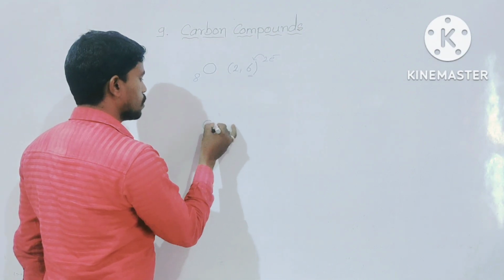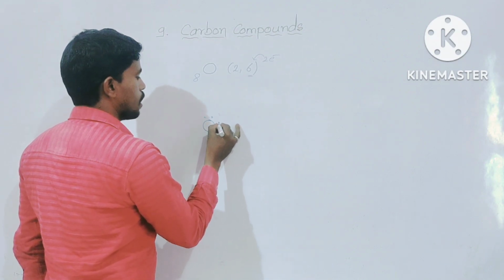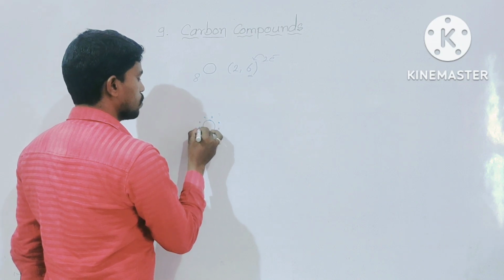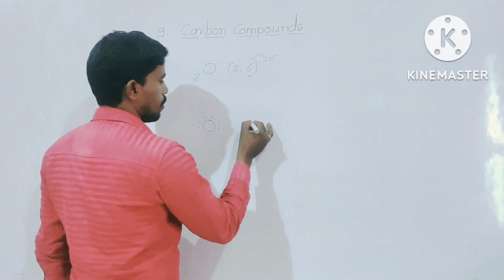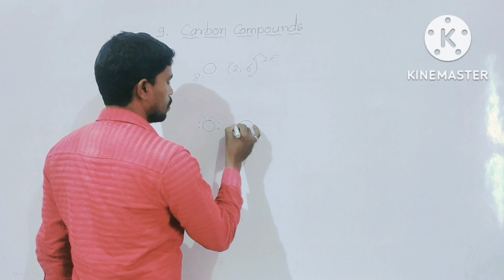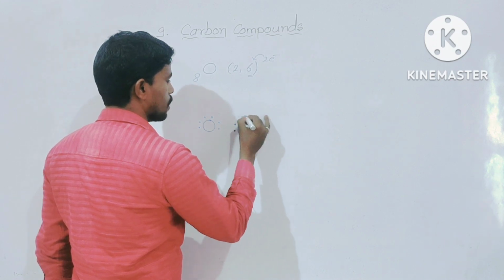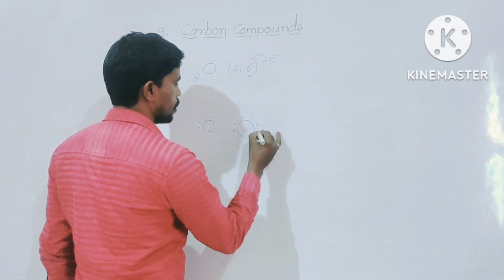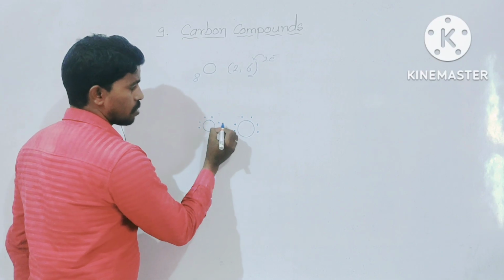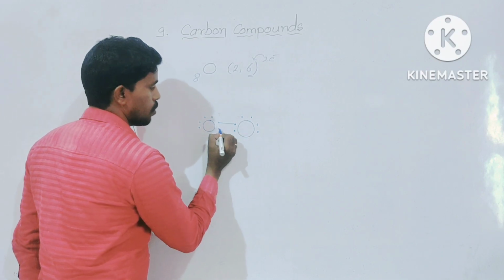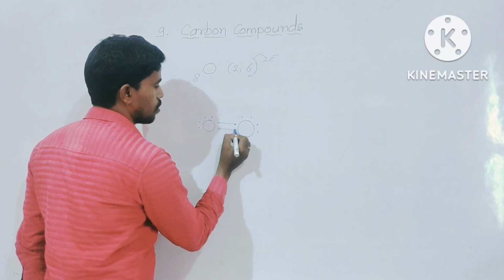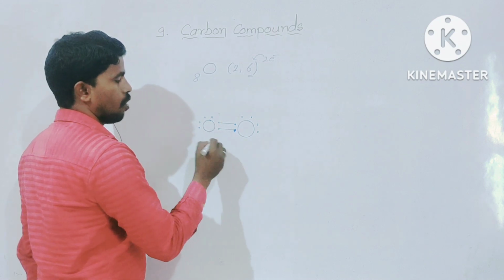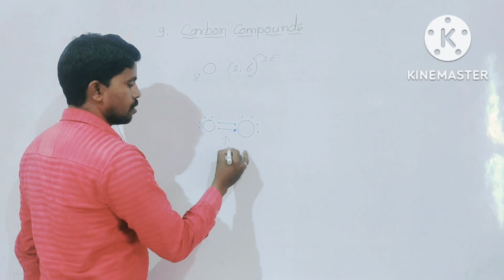Here this is the oxygen, these are the 6 electrons present in the outermost shell. This is the second oxygen, these are the 6 electrons present in the outermost shell. Each oxygen atom shares 2 outermost electrons and forms a double bond.